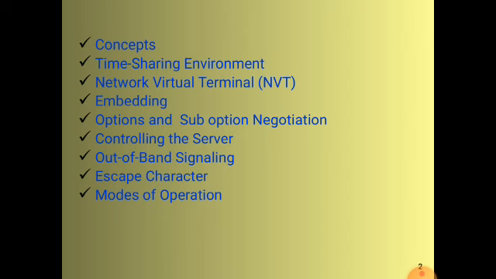This port number 23 is used by the server, the system available in lab number 401, and the client also requires a port number. The client uses an ephemeral port number, for example 60151.